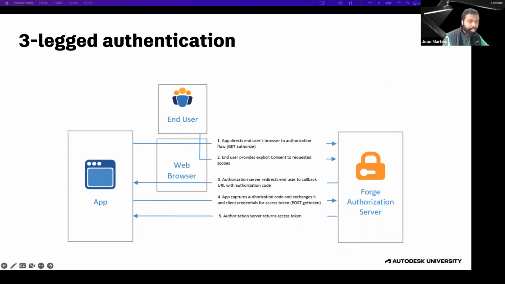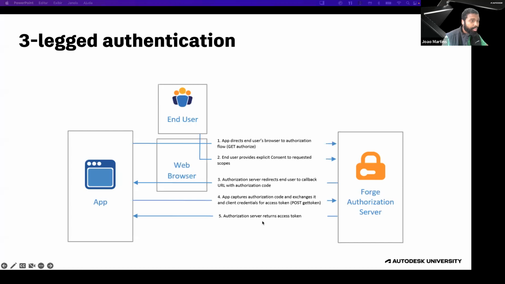As soon as the user consents to the required scopes, the Forge authorization server is going to return to the callback that we defined the authorization code. With this authorization code, our app is going to exchange it through the POST get token endpoint to have an access token. And this access token is valid for 1 hour to perform the modifications or the visualization, to access the data in the context of this end user.